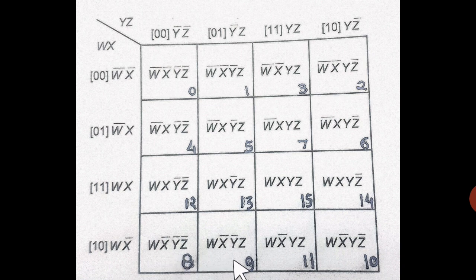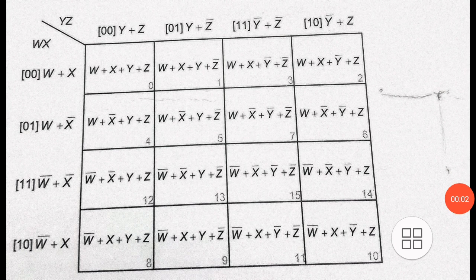Similarly w x' y' z produces 9, then w x' y z is square number 11, then w x' y z' is square number 10. So I hope everybody now understands how to specify the minterms in the K-map of 4 variables.